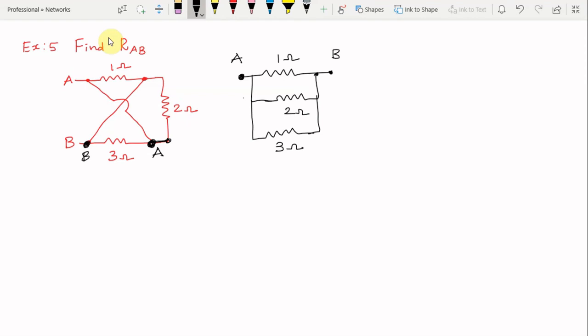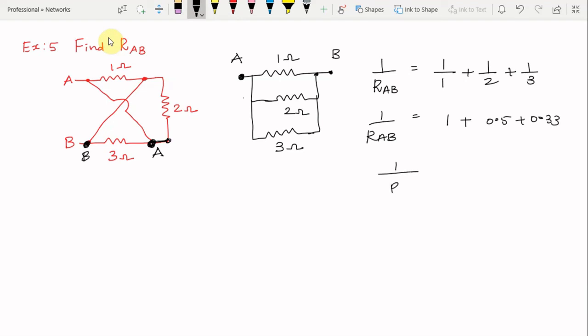For more than 2 resistors connected in parallel, to find the equivalent value, you have this formula: 1 by R equivalent is equal to 1 by R1 plus 1 by R2 plus 1 by R3. So 1 by RAB is equal to 1 plus 1 by 2 plus 1 by 3, which is 1 plus 0.5 plus 0.33.